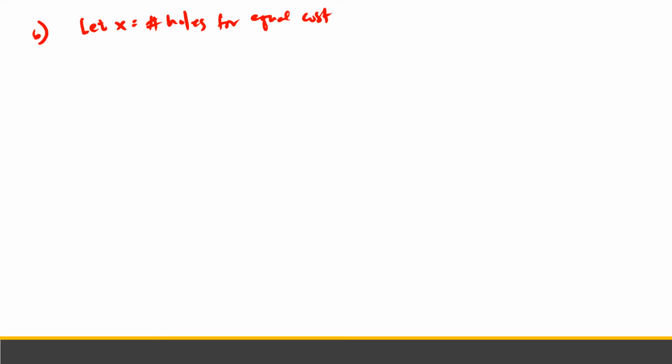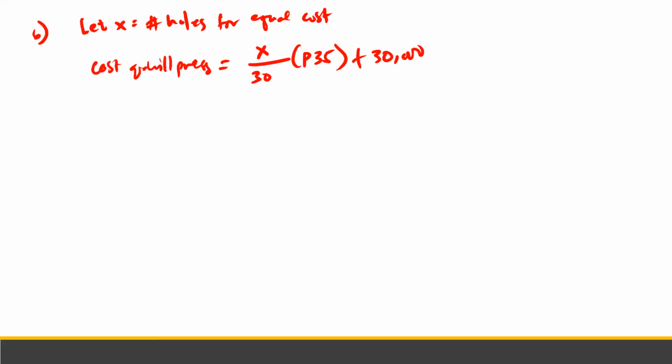So, okay, so for the cost of drill press, is equals to, so for the number of hours, around 30 per hour, then 35 pesos yung payment, plus the 30,000 na cost ng drill press. So this will be equal to 7 times 7x over 6 plus 30,000. So this will be our equation 1.